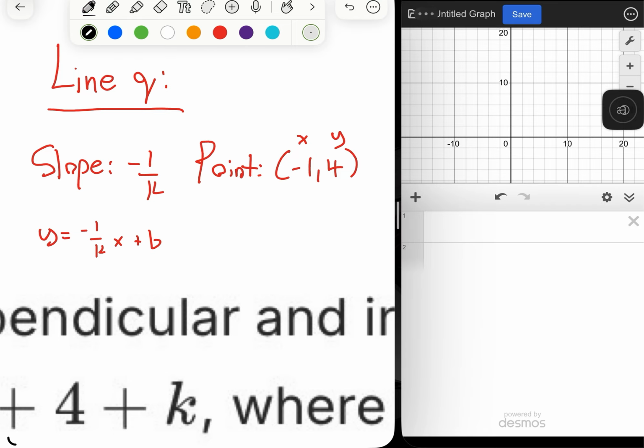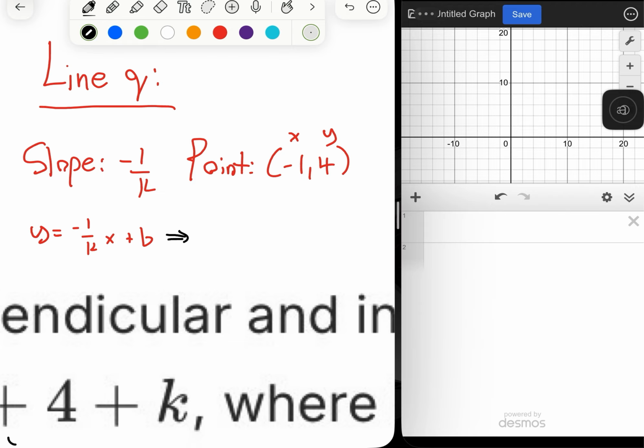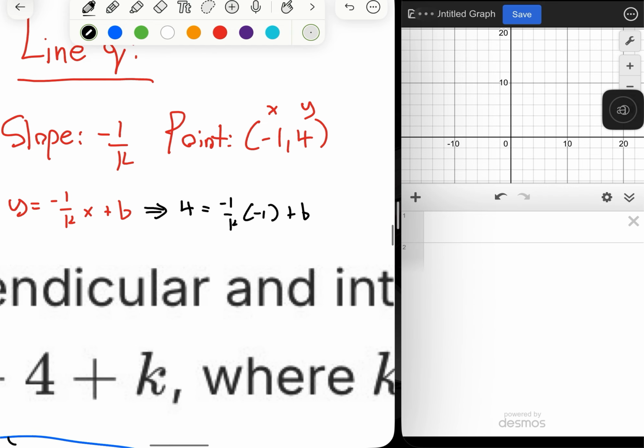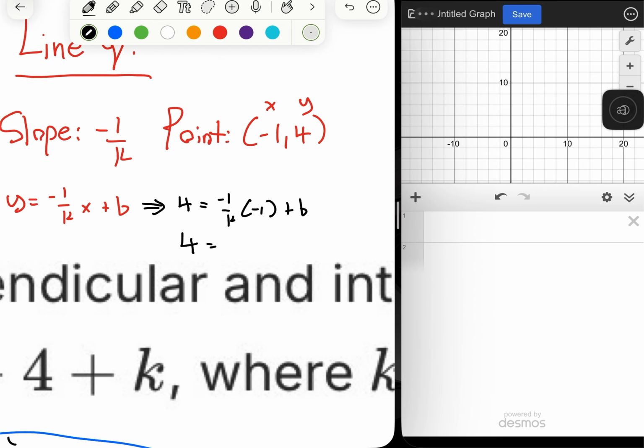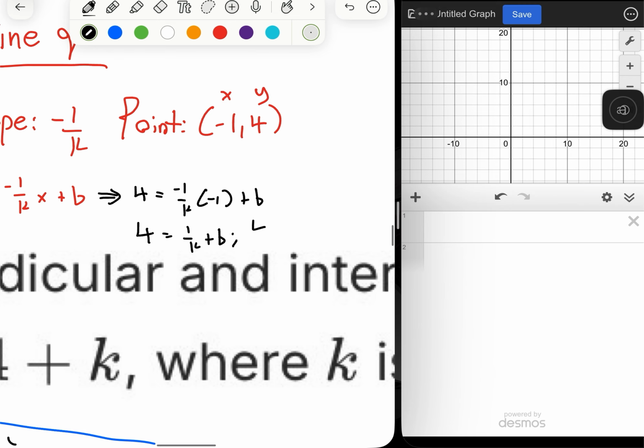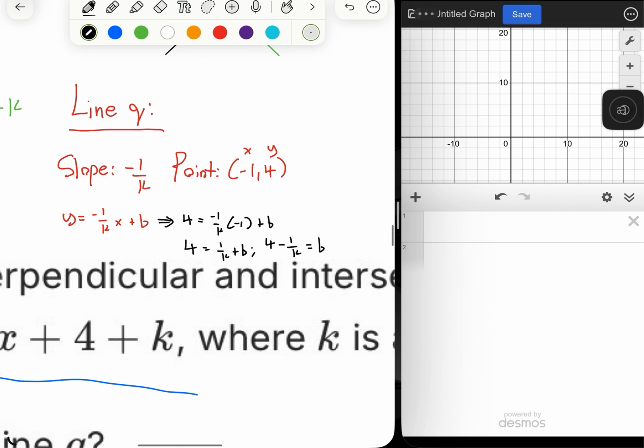So in this case, let's do that. 4 equals -1 over k times -1 plus b. That becomes 4 equals 1 over k plus b. So we get that our intercept here is 4 minus 1 over k.